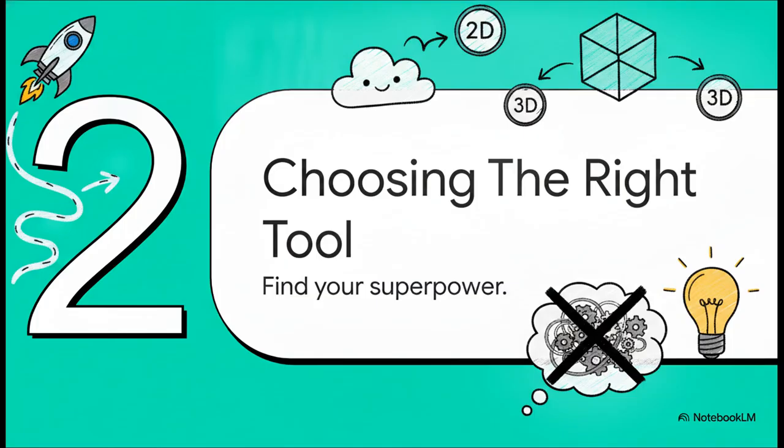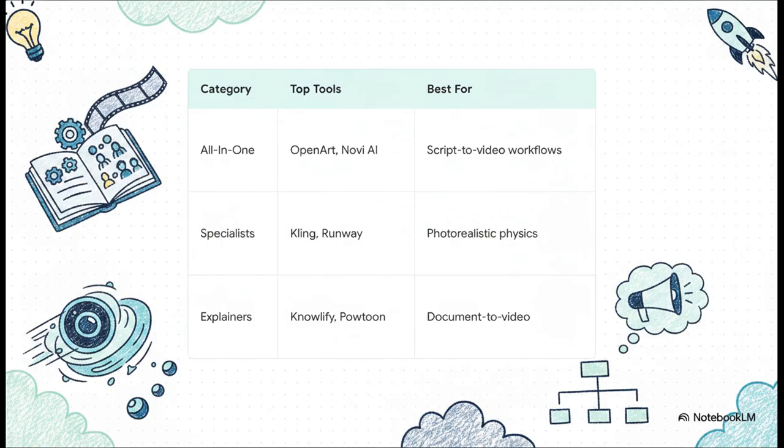Moving right along to Section 2, choosing the right tool, finding your creative superpower. The way these tools are categorized perfectly captures the massive showdown happening in the software world right now. On one hand, you've got these super versatile all-in-one platforms. Think OpenArt and Novi AI. They handle the whole shebang, everything from your initial script all the way to generating highly consistent characters.